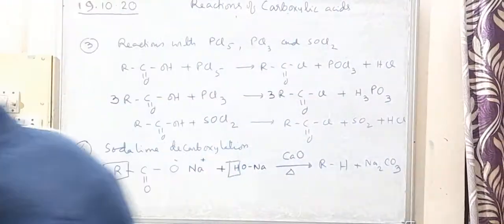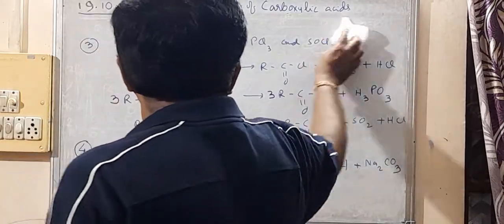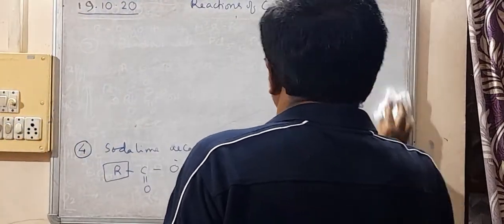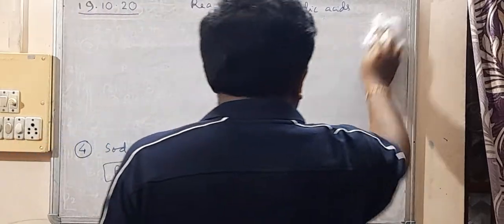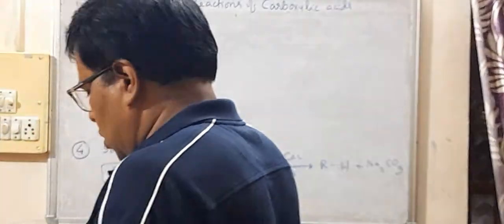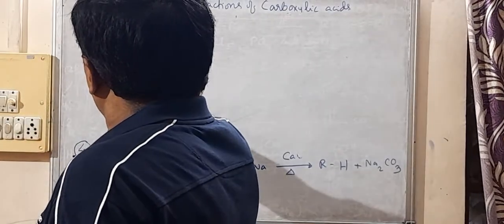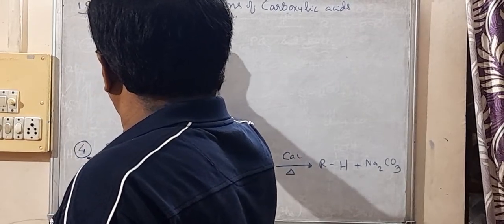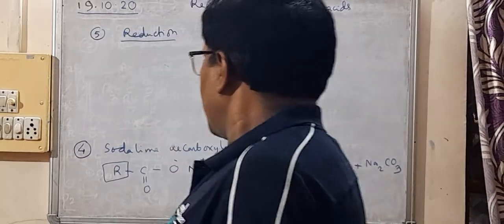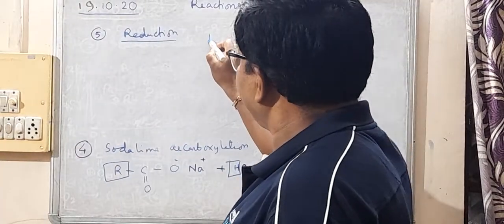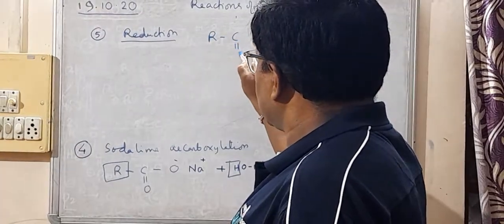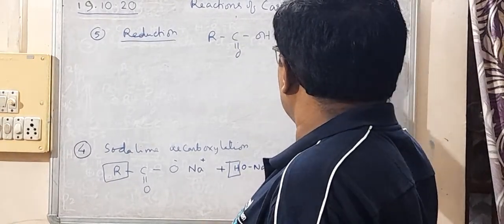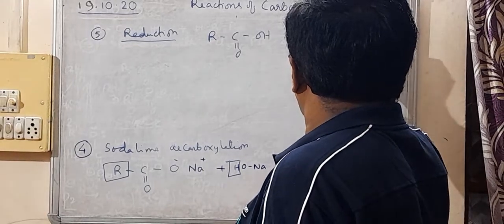And now reduction. Carboxylic acid can be reduced to alcohol.